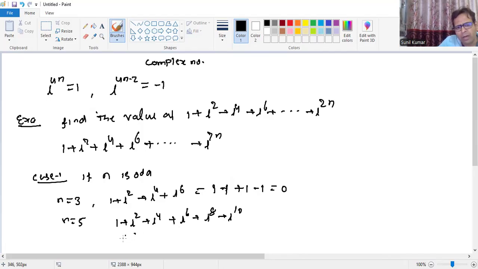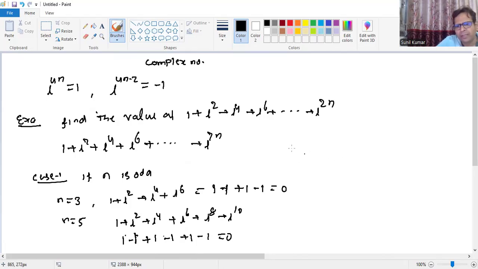We know i square is minus 1, i power 4 is plus 1, i power 6 is minus 1, i power 8 is plus 1 and i power 10 is minus 1. Again we are getting 0. So we can conclude that if n is odd then the sum is 0.